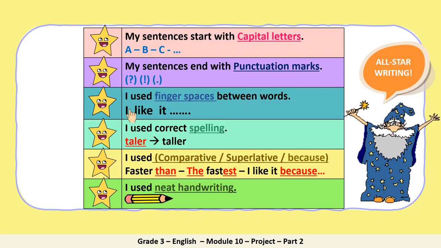You used finger spaces between words? 3 stars. You checked your spelling? No mistakes? 4 stars. You used comparative, superlative adjectives and the conjunction because? 5 stars. Finally, you used neat handwriting? You get an extra star.